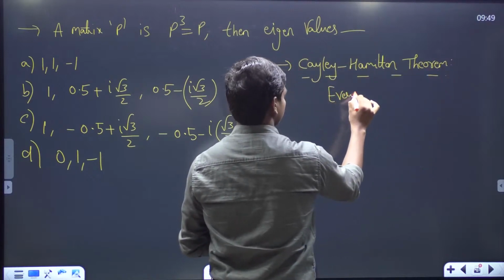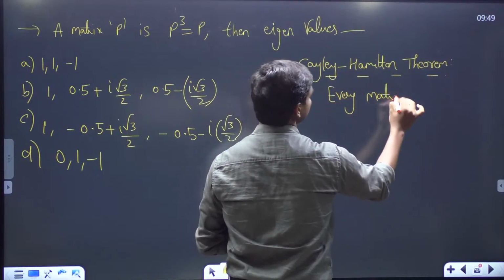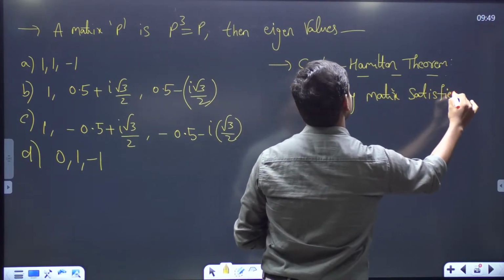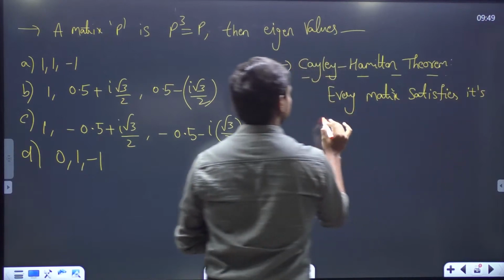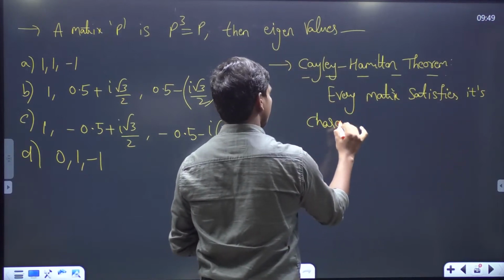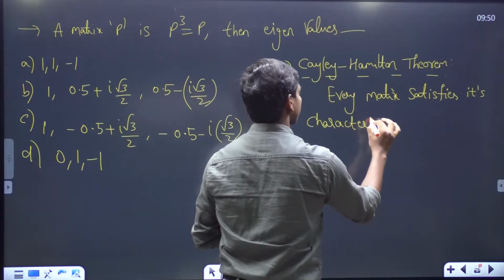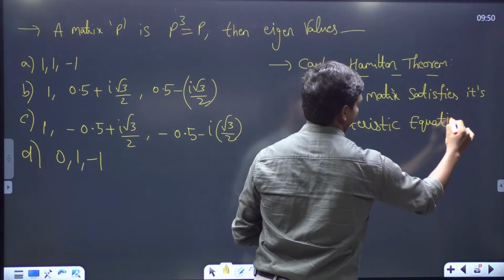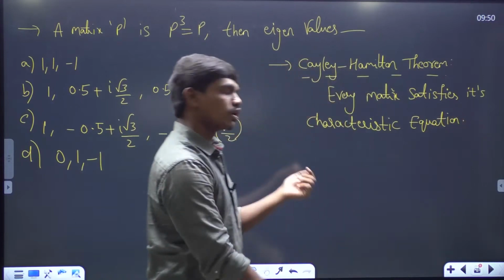Every matrix satisfies its characteristic equation. This is what Cayley-Hamilton theorem tells us, correct?